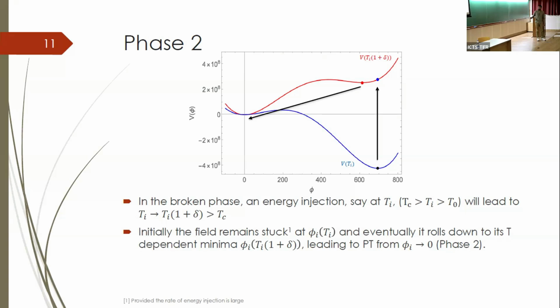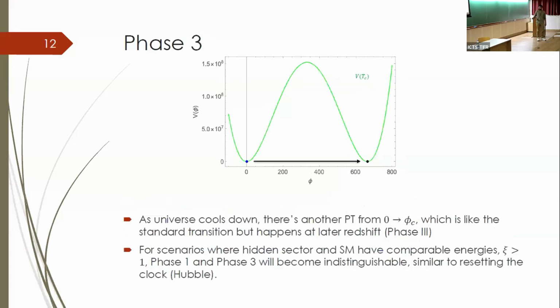Now, due to the energy injection, the potential takes the shape of the red curve, and now we roll to this red point. As you can see, this minima is not the global minima anymore, and it will undergo a phase transition in the opposite direction to the usual transition. So we are going from a broken phase to a symmetric phase. This is what I term as phase 2.